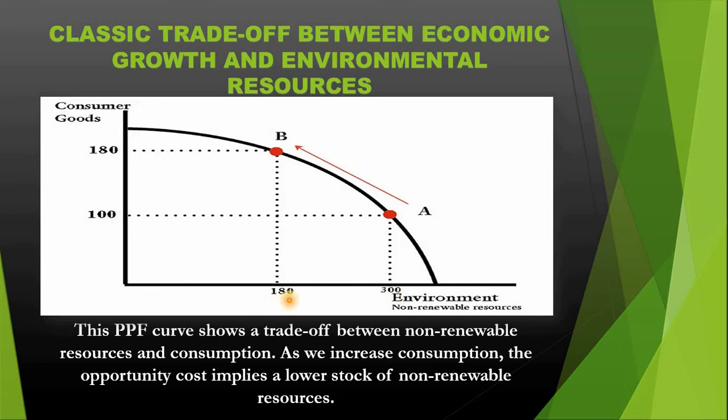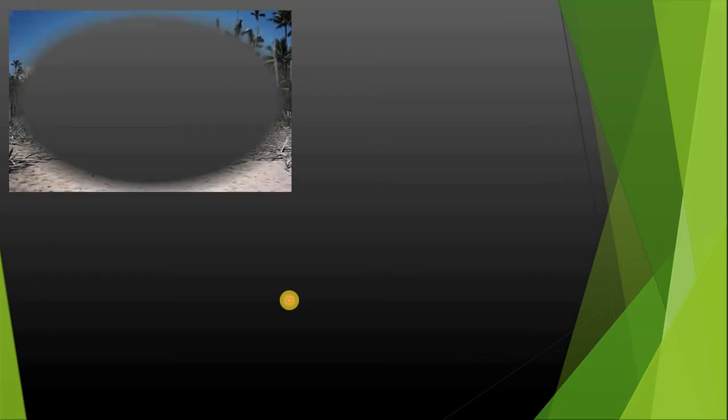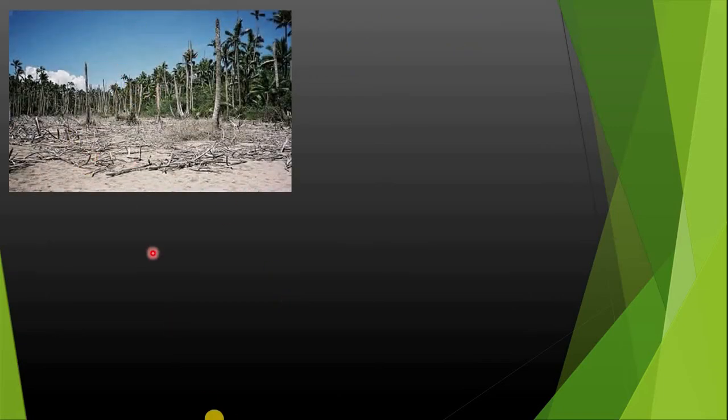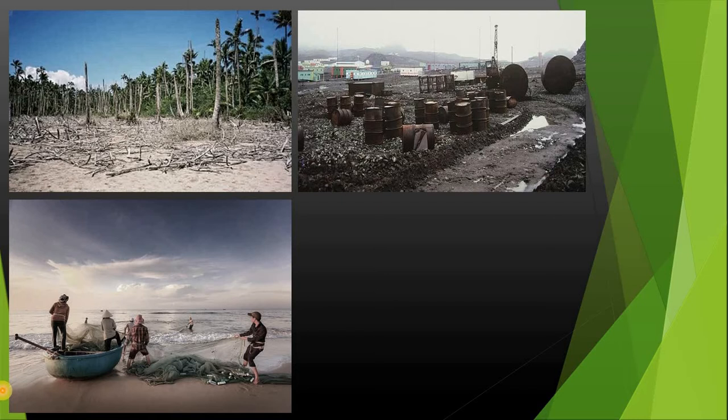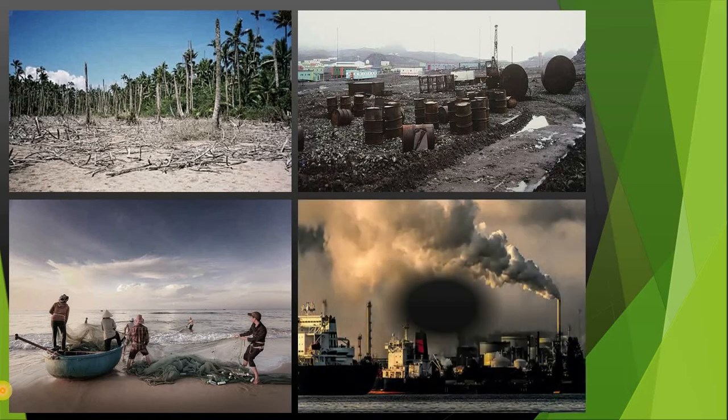So let's take a simple example. The pace of global economic growth in the past century has led to a decline in the availability of natural resources, such as forests cut down for agriculture or demand for wood, and sometimes a decline in sources of oil, coal, and gas, loss of fishing stocks due to overfishing, and loss of diversity, like damage to natural resources that has led to species extinction.